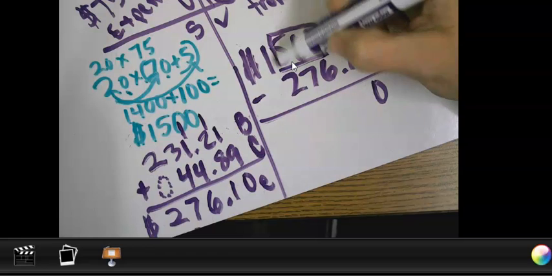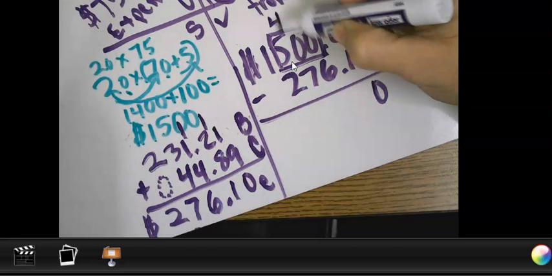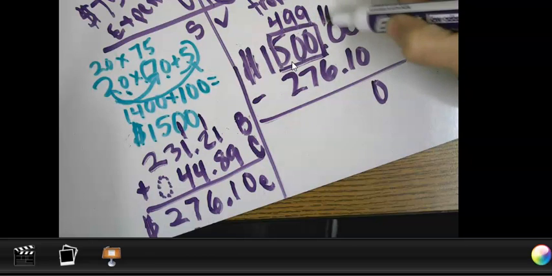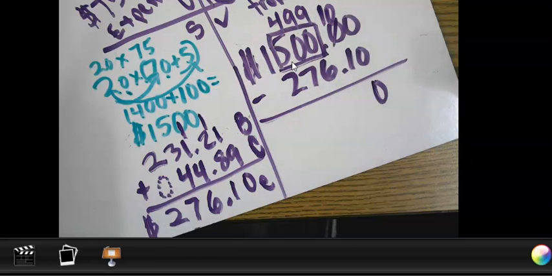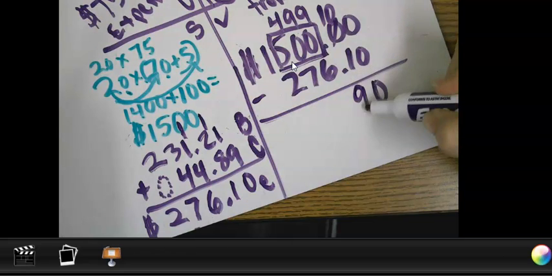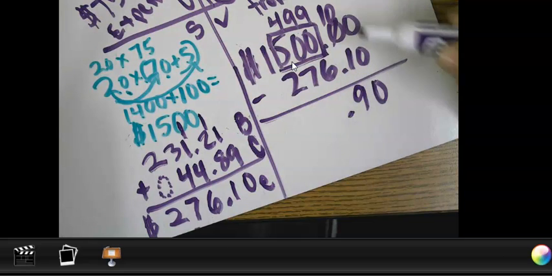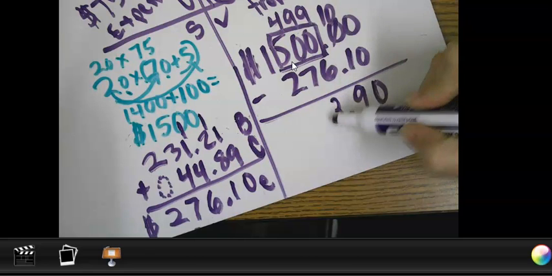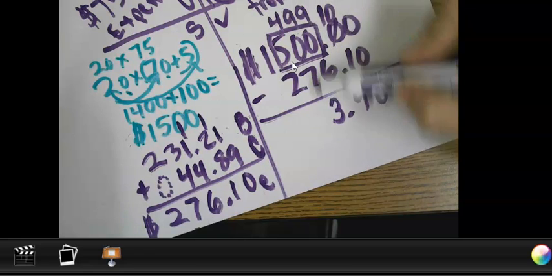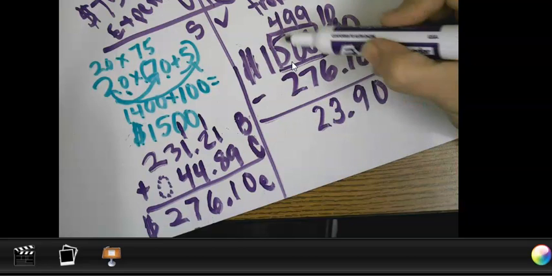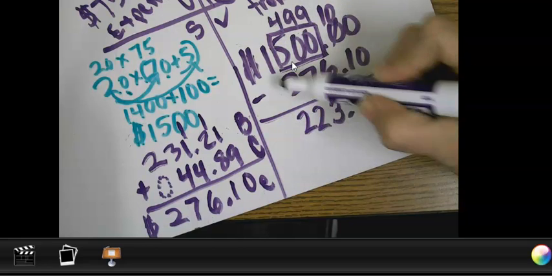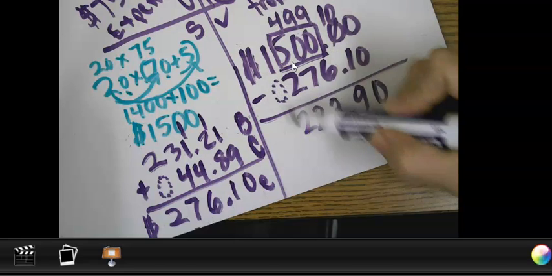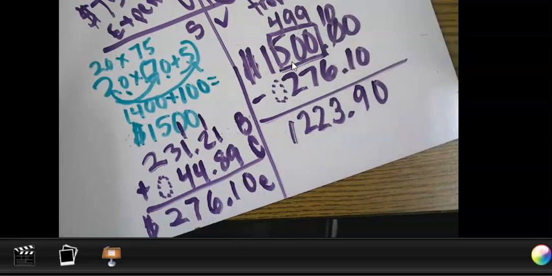So we're going to take from this whole number here, and this is going to change from 500 to 499, and then we can go ahead and add that 10 here that we're borrowing. Okay, so 10 minus 1, that's 9. 9 minus 6, that's 3. 9 minus 7, that's 2. 4 minus 2 is 2, and then we'll drop down this 1. 1 minus 0 is still 1.